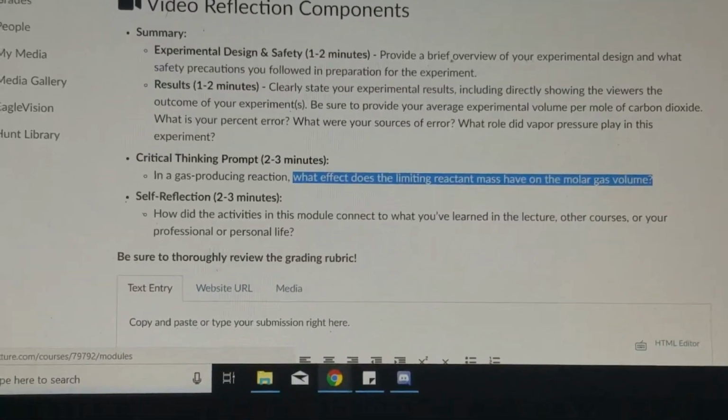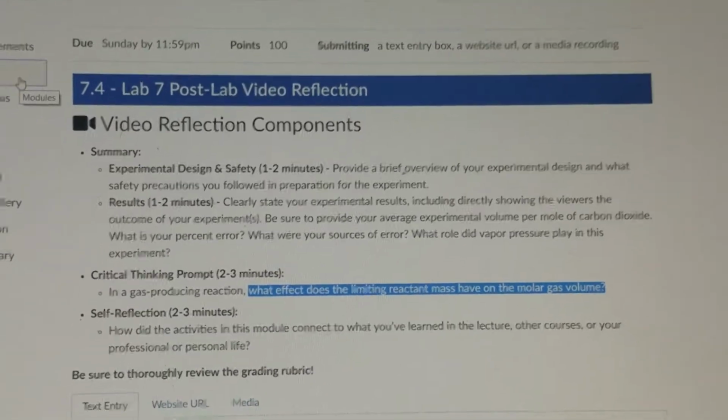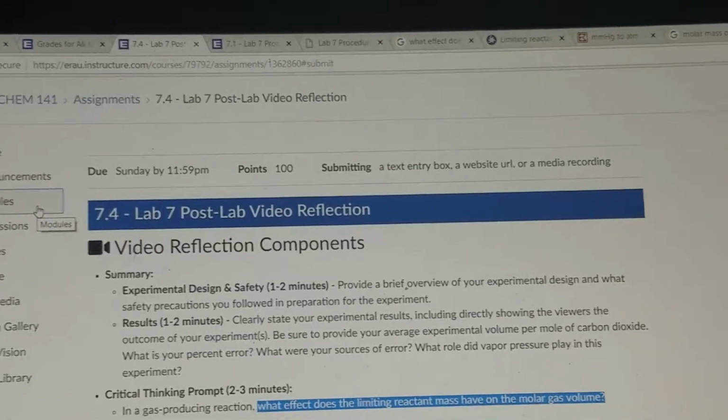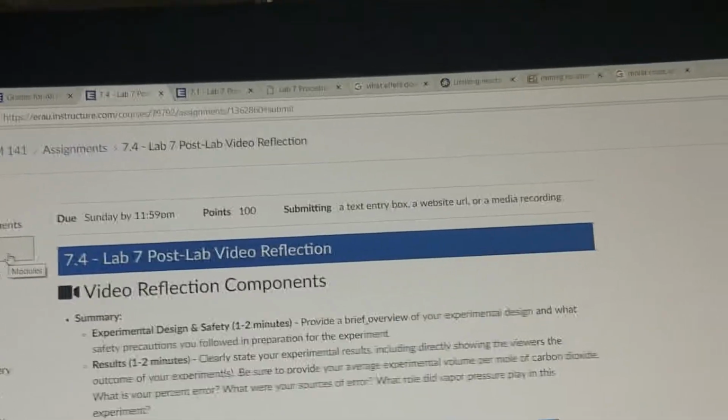Coming up to the self-reflection part, how did this module connect to what you have learned? This module helped me learn quite a lot about Avogadro's number and the ideal gas law.